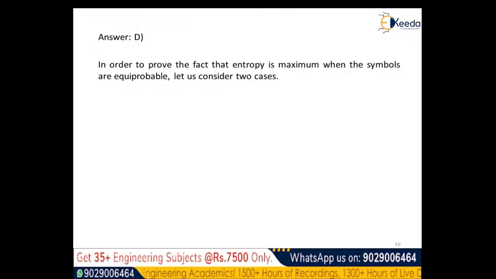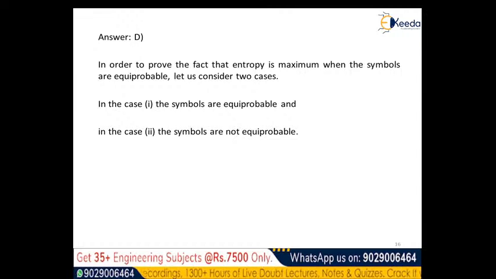So in order to prove the fact that entropy is maximum when the symbols are equiprobable, we consider two cases. In the first case the symbols are equiprobable, and in the second the symbols are not equiprobable. We will consider both cases and then validate the result that we already know.